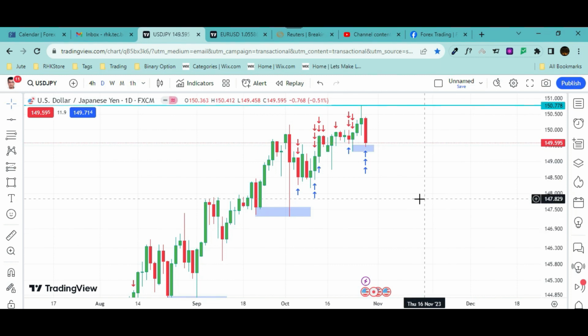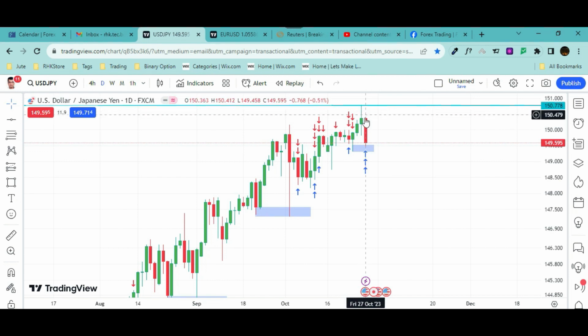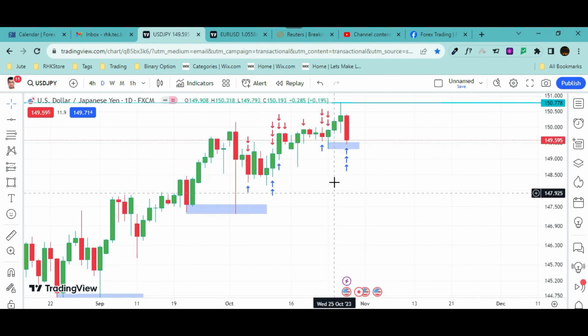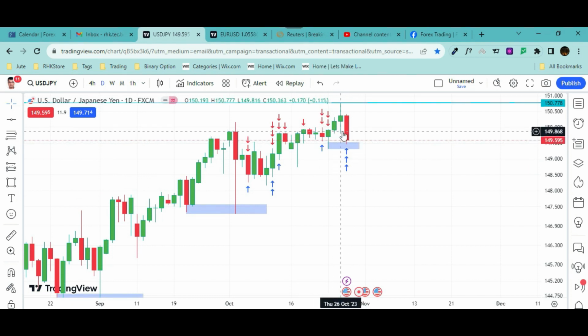From my perspective, so far I can understand it simply: we have a very big bullish candle which has almost broken the last 3 days of the trading session, and it's a very powerful candle. So there is every chance that the market is going to be controlled by the sellers rather than the buyers.